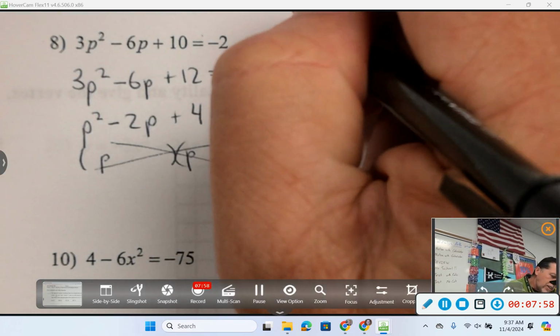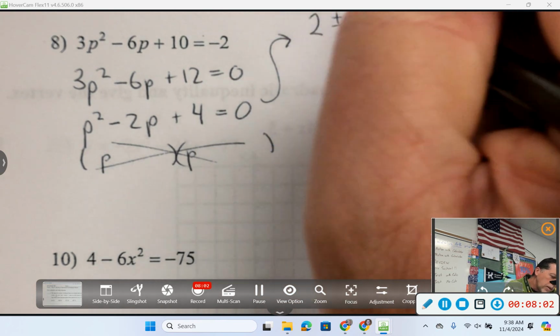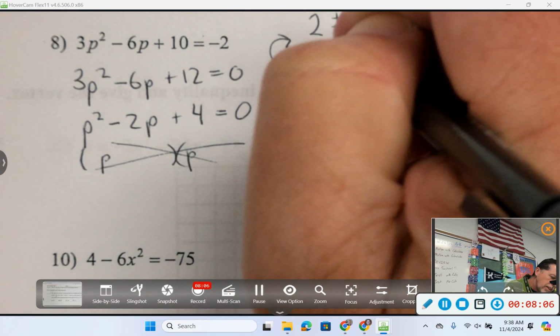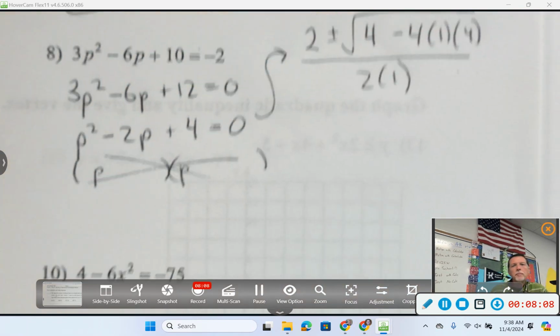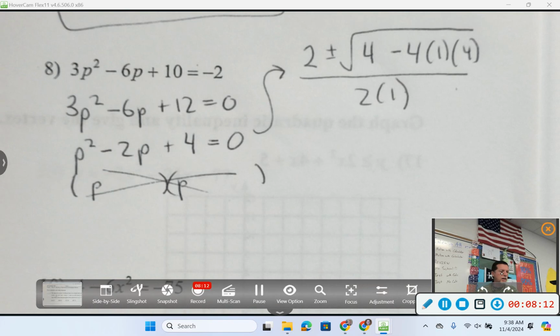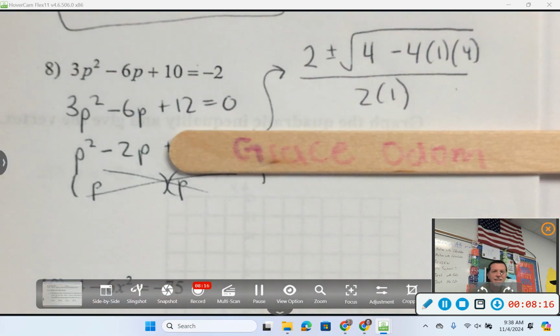So x equals negative b plus or minus the square root of b squared minus 4ac all over 2a. Grace, what do you notice about the discriminant?